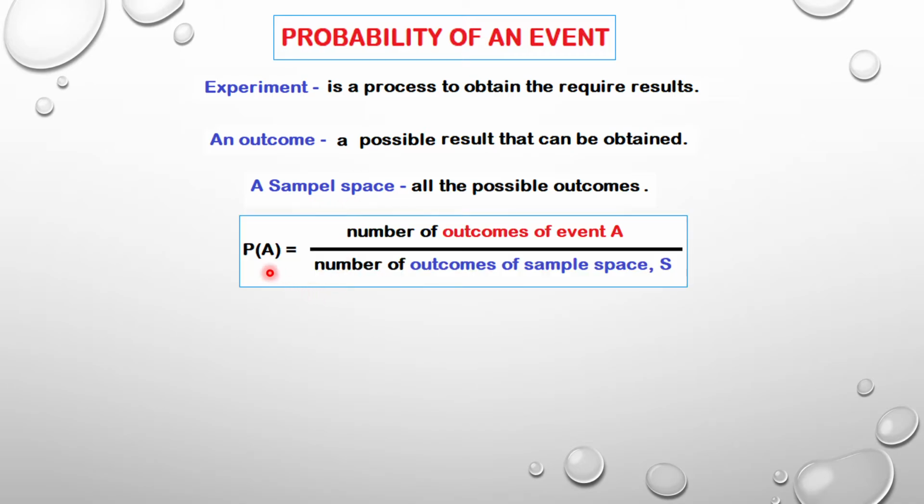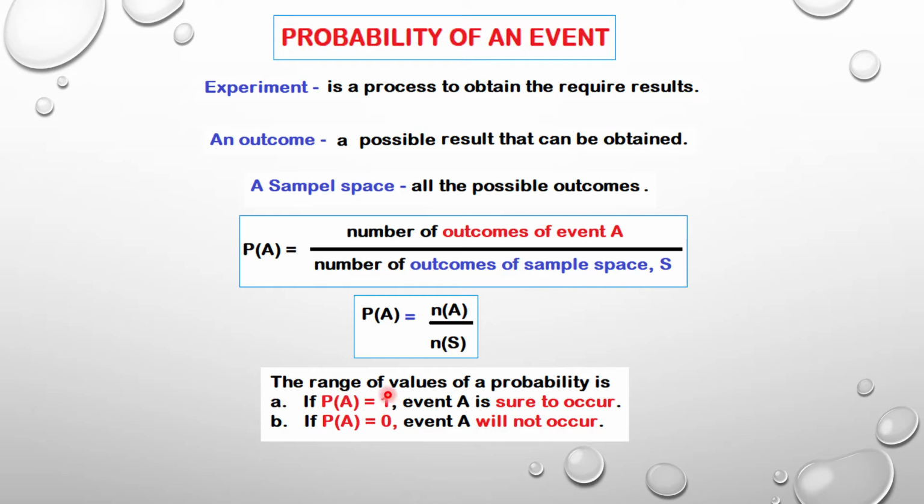Now the basic formula to find probability of event A is number of outcomes of event A over number of outcomes of sample space. Or you may simplify the formula as this: P(A), meaning the probability of event A, equals n(A), meaning number of event A, over n(S), number of sample space.